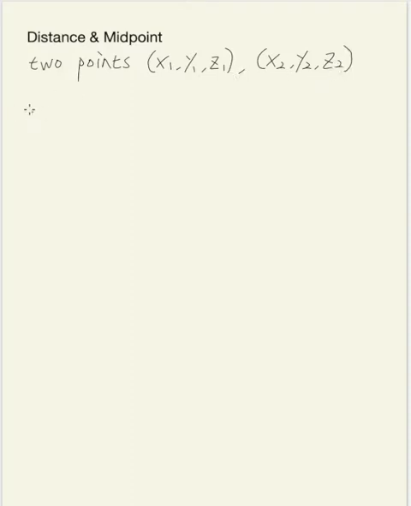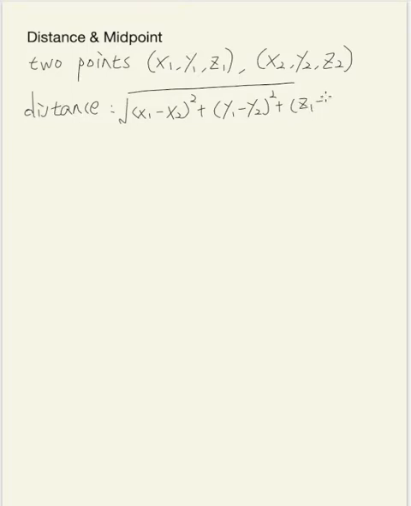Then the distance between these 2 points is given by the square root of (x1 minus x2) squared plus (y1 minus y2) squared plus (z1 minus z2) squared. Oops.